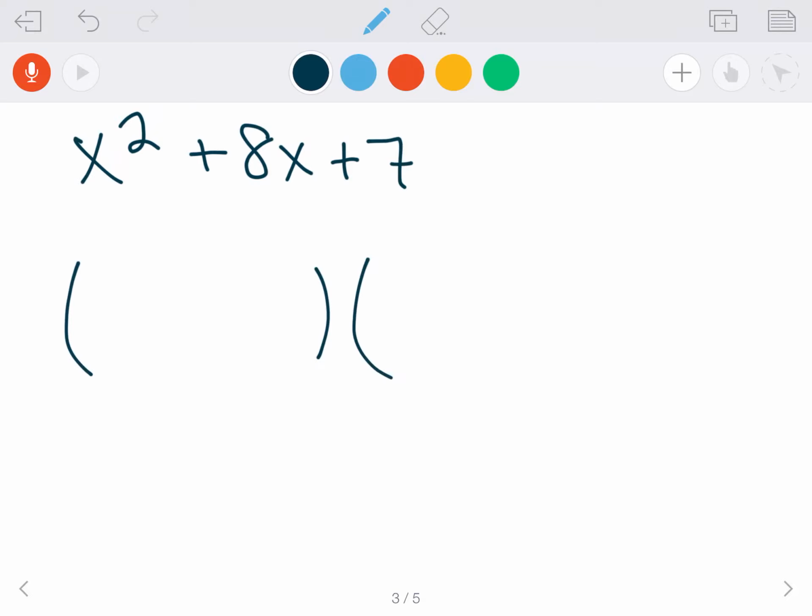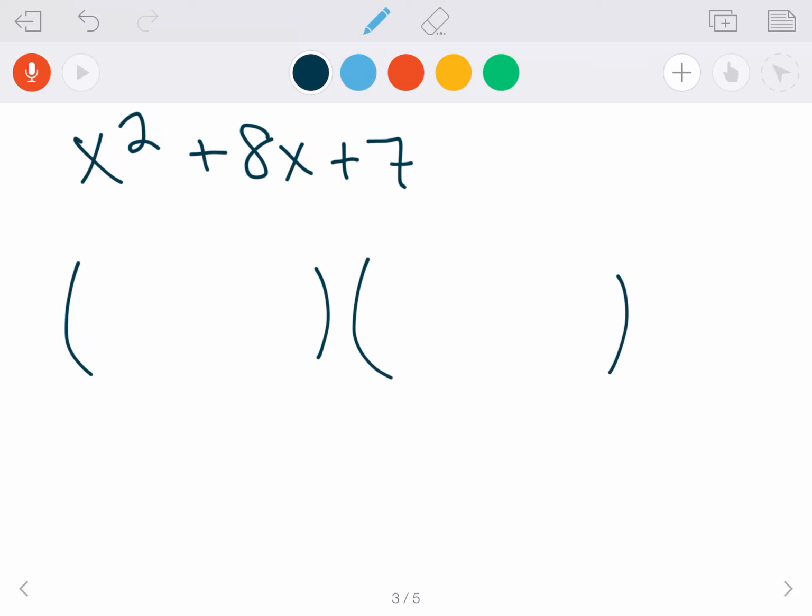Let's say that we want to factor the polynomial x squared plus 8x plus 7. So when we factor a polynomial, we know that we are going to have parentheses like this.